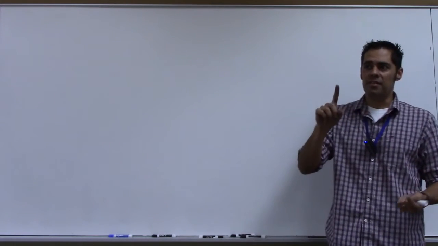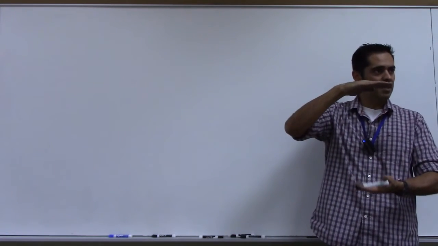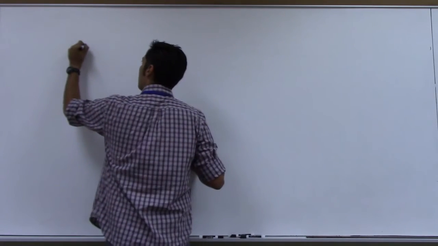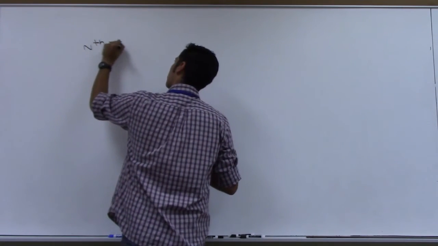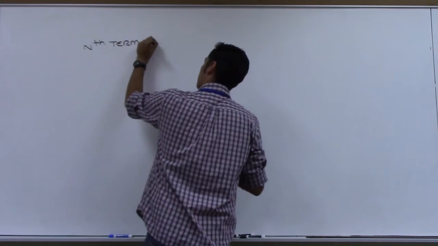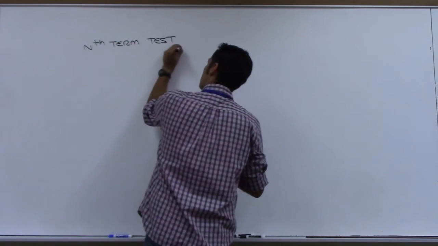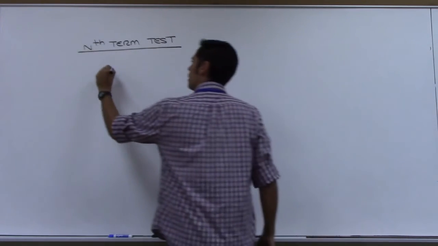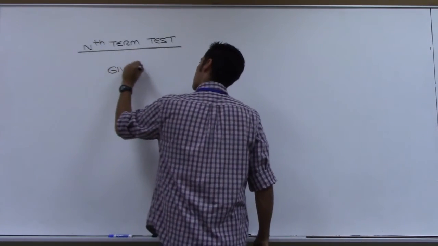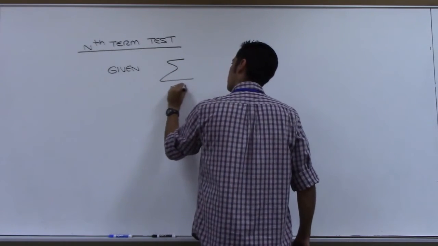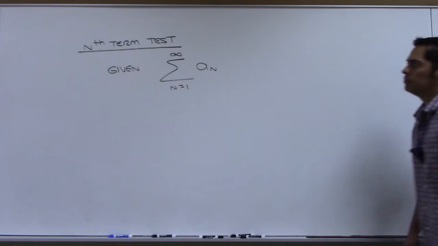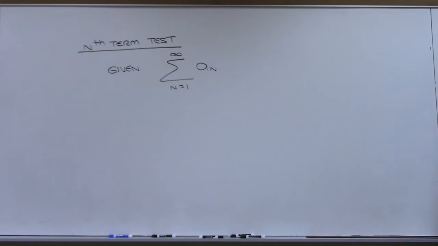So the first test, in the next class, I'll hand you a list of the tests. The first test that we have is what's called the nth term test. This is our first of a few tests. And here's what it says. Given a sequence inside a series.